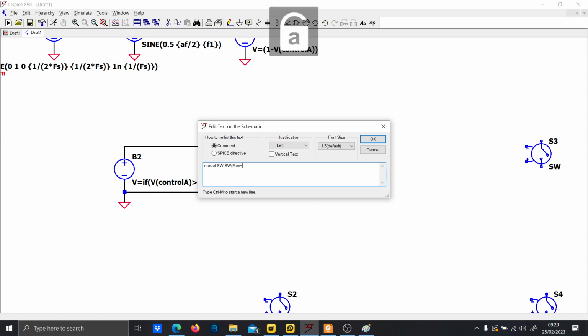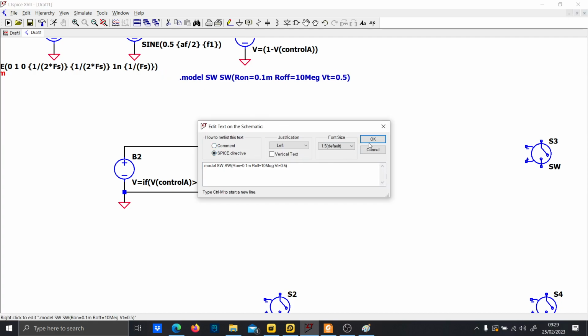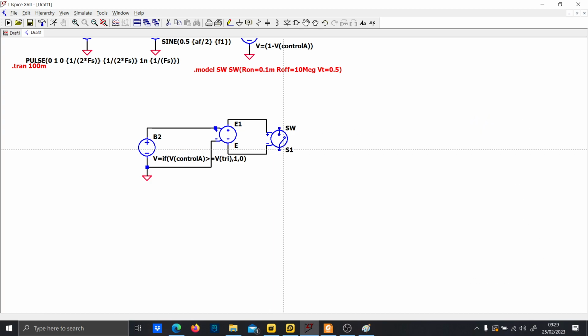We put in the best switch in our mind: 0.1 milliohm, 10 megaohm off resistance, and a threshold VT of 0.5 volts. And yeah, we can just replicate the system.